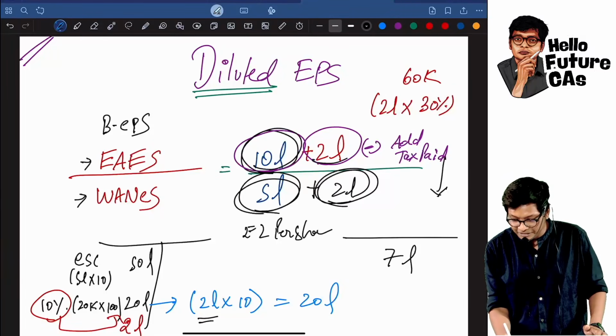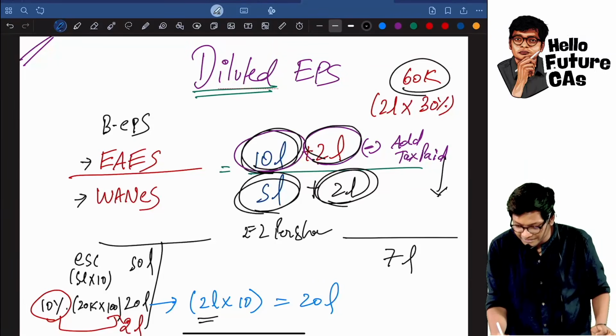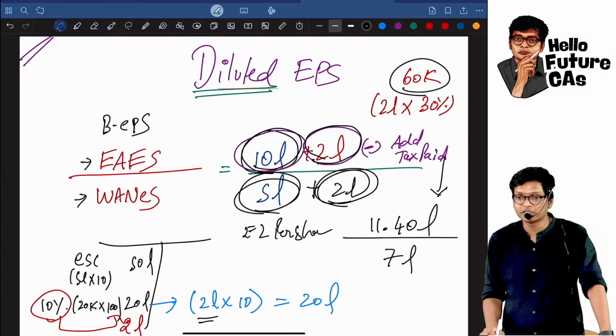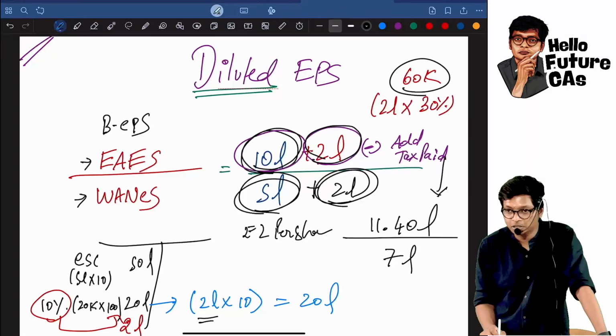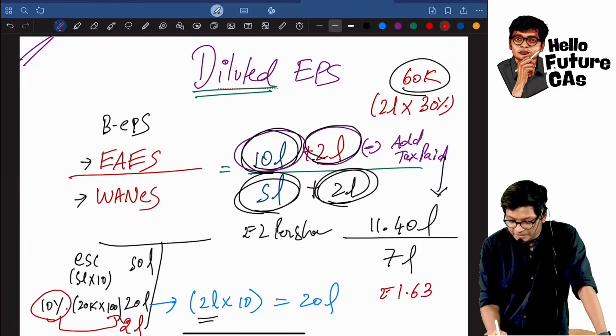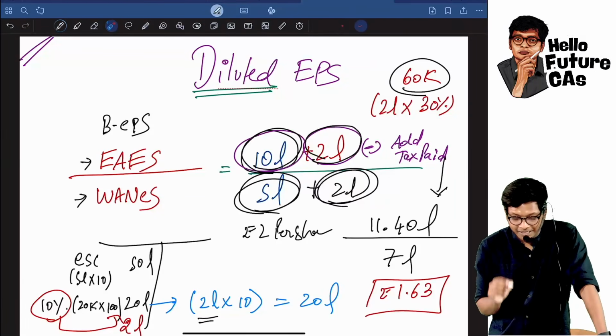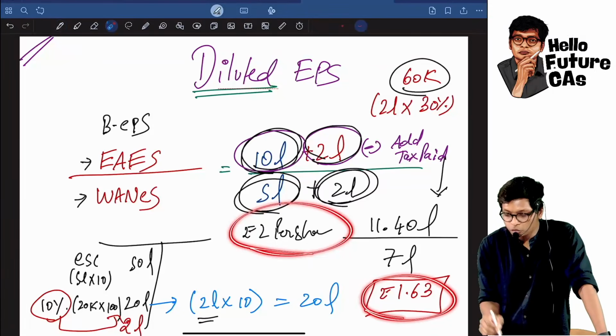Here 10 lakhs plus 2 lakhs minus 60,000 will be how much, guys? 11 lakh 40,000, 11.40 lakhs. What is going to be my EPS now? 1.63. Are you following? That means my EPS from 2 rupees reduced to 1.63.